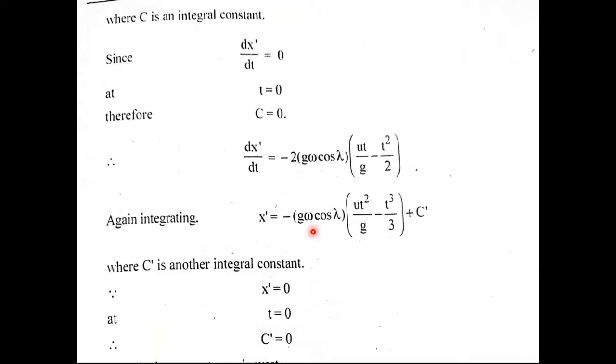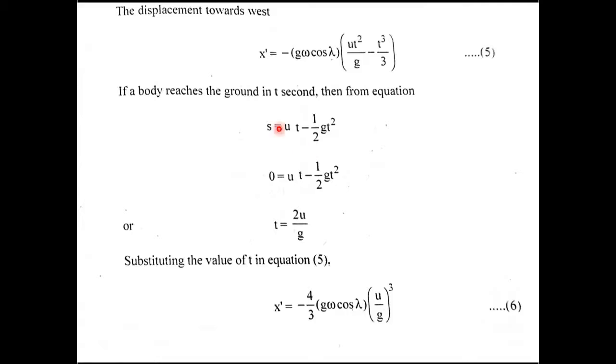To find the value of c', we put the condition that at t = 0, x' = 0, so c' = 0. So the displacement towards the west will be x' = -omega cos lambda (u t square - g t cube by 3).